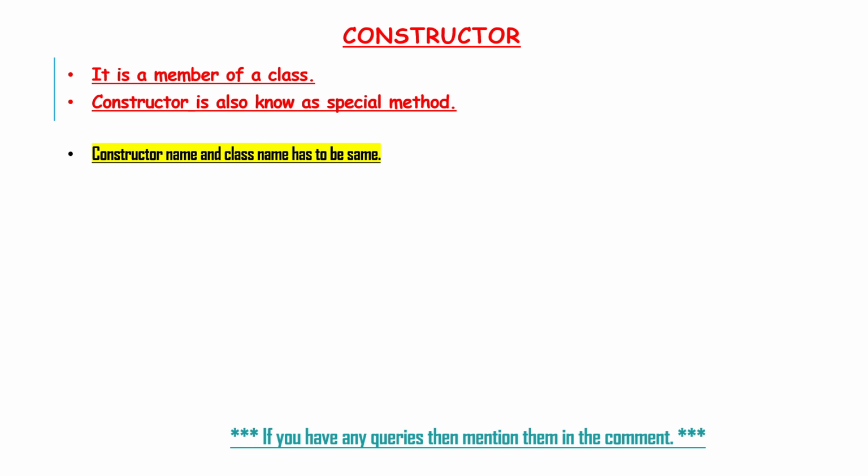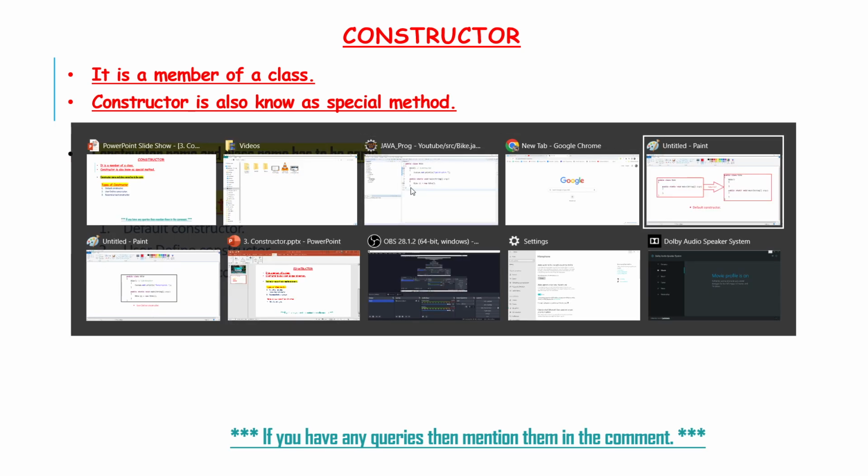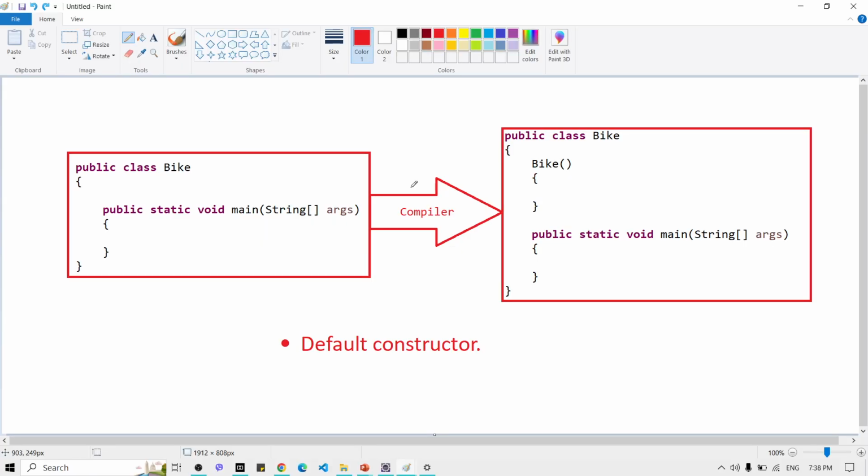Now we will talk about types of constructor. There are three types of constructor: default constructor, second is user defined constructor, and third is parameterized constructor. First we will talk about what a default constructor is. Whenever we write a program and compile it, the compiler will check whether a constructor is available in the class or not.